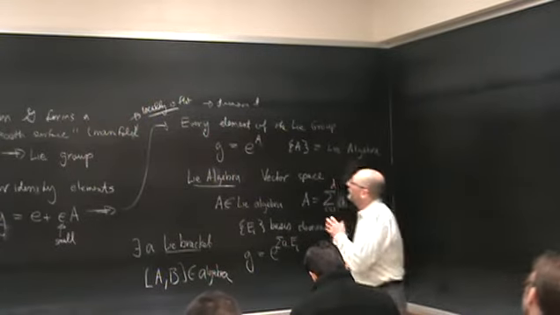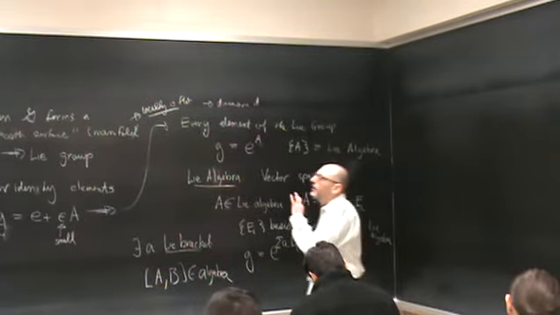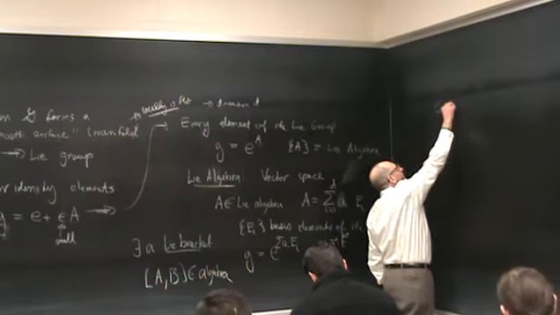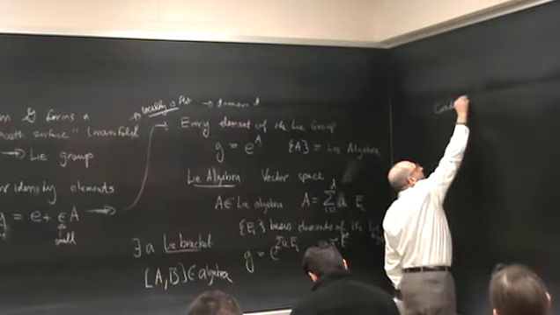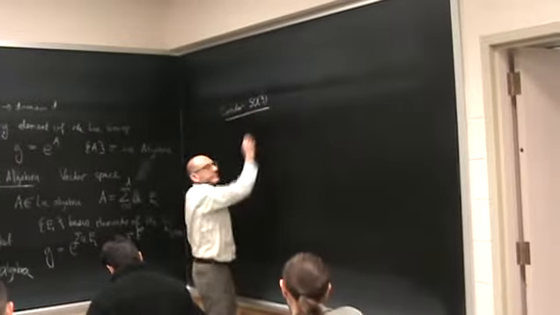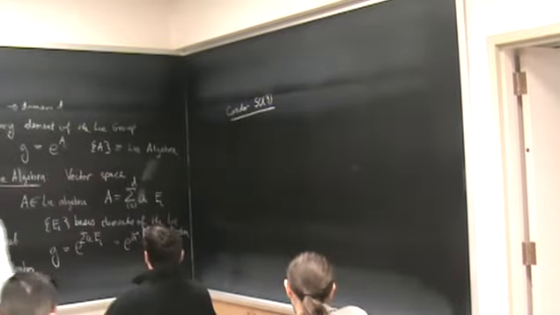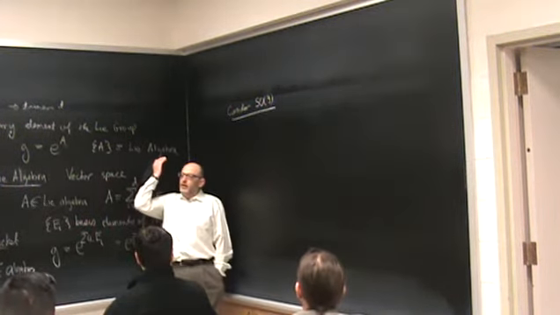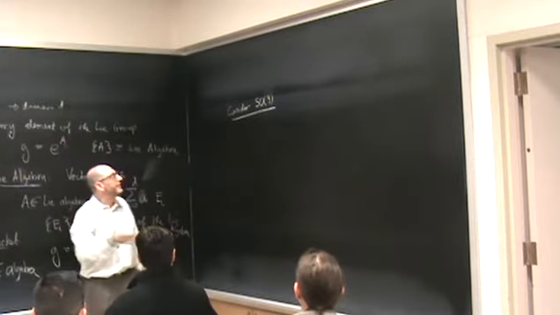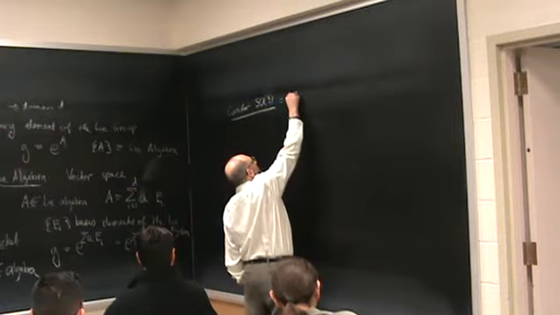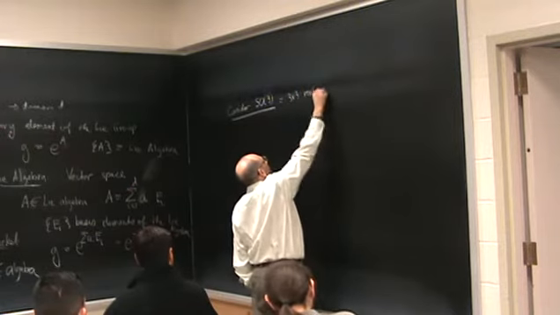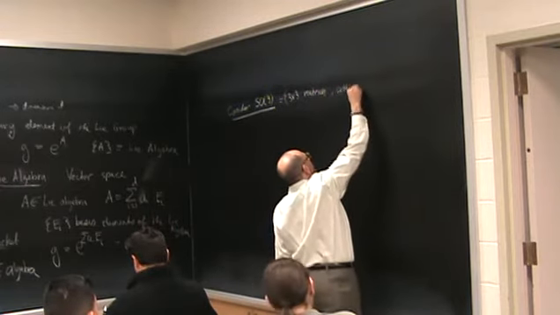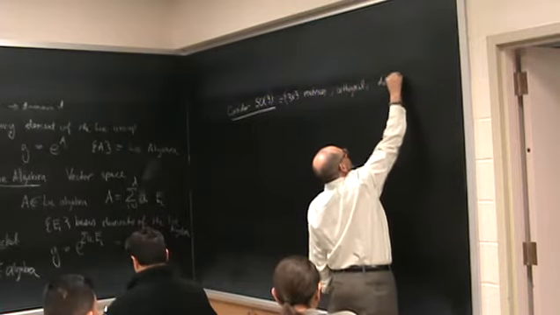All right, so for example, let's talk about the group of rotations in 3D. Consider SO(3). So SO(3) is the set of 3 by 3 matrices that are orthogonal, meaning their inverse is their transpose, with determinant 1.